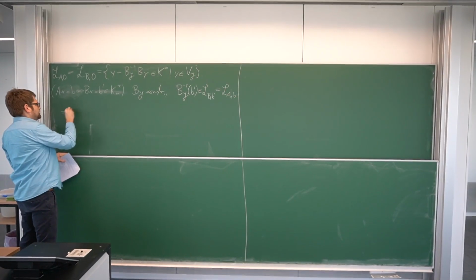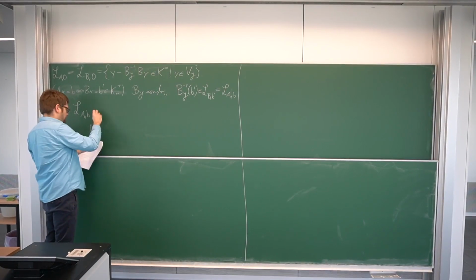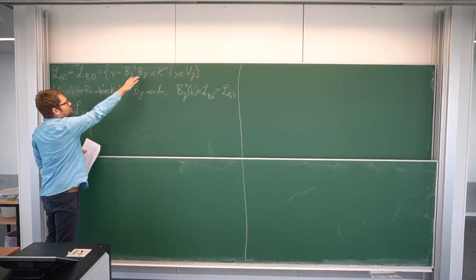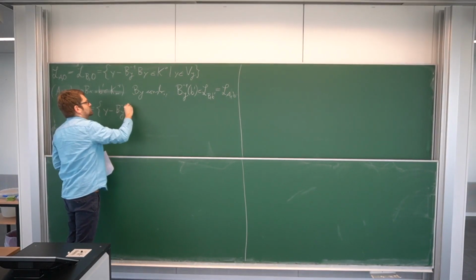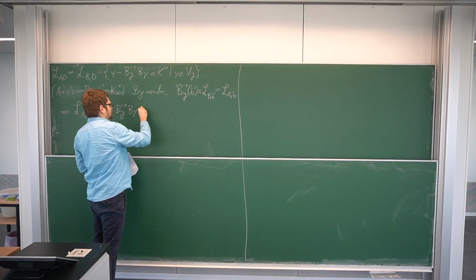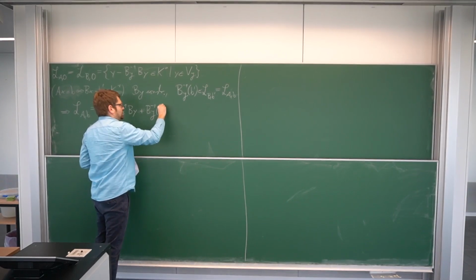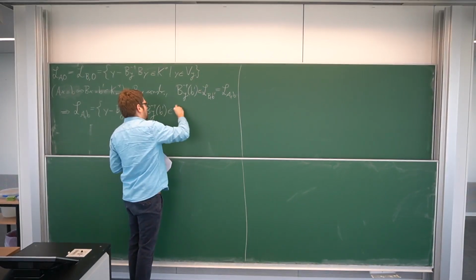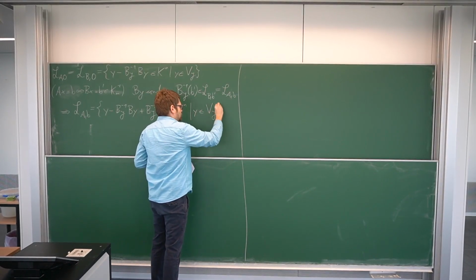So our solution set looks as follows. The set LAB is given by all solutions of this form: minus Bj minus 1 By plus the particular solution, which is Bj to the minus 1 of B prime, for all points of this form in k to the n, where y is in Vj.